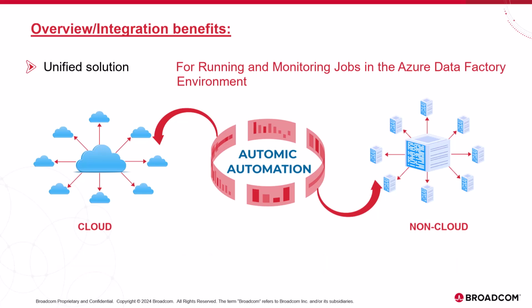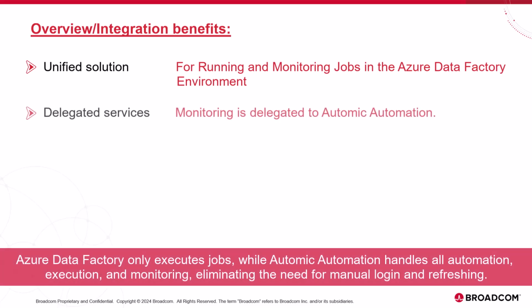Azure Data Factory processes can then be synchronized with all other environments routinely supported by Automic Automation. Azure Data Factory's role is reduced to execute the jobs. All other functions, especially those pertaining to automation, are delegated to Automic Automation.